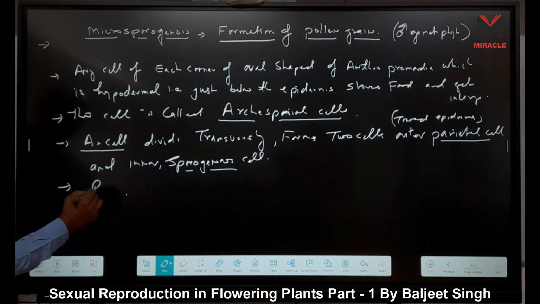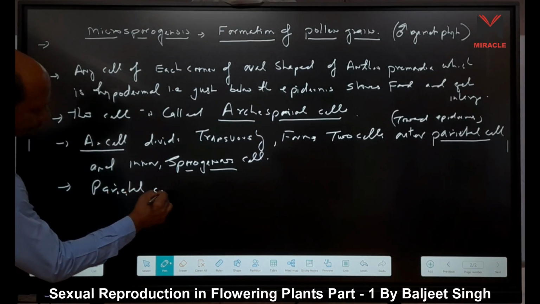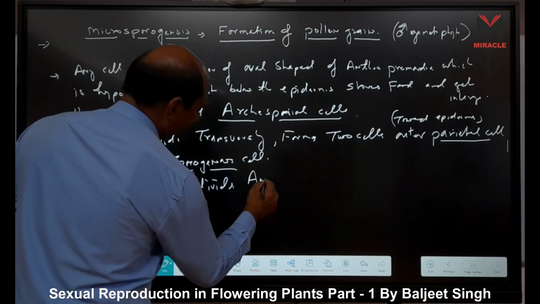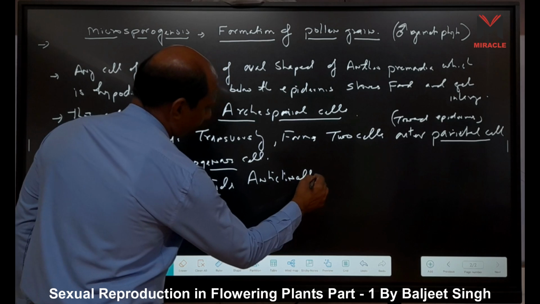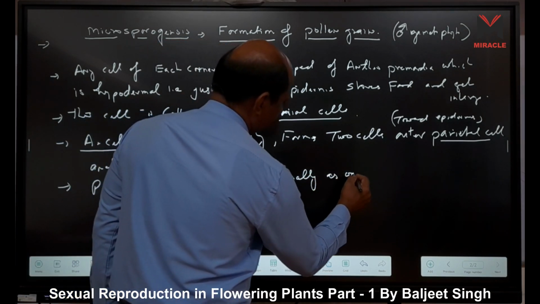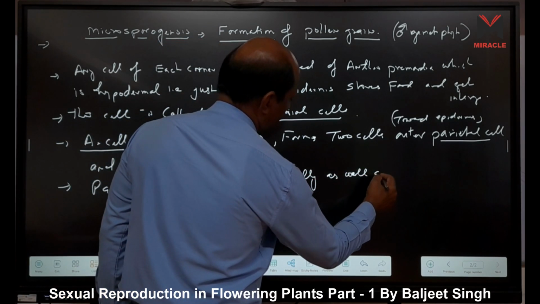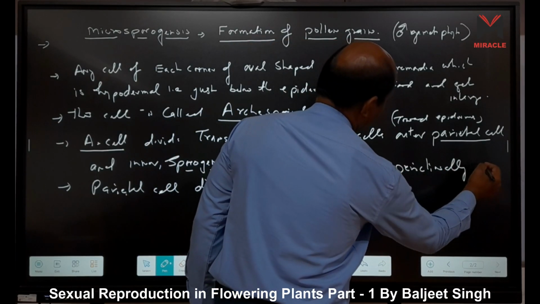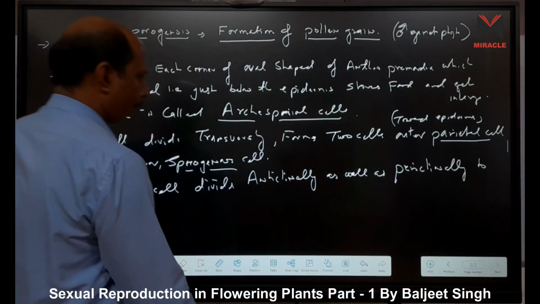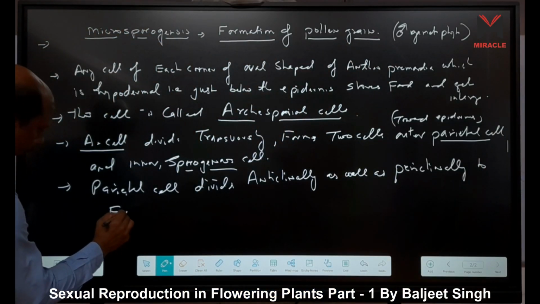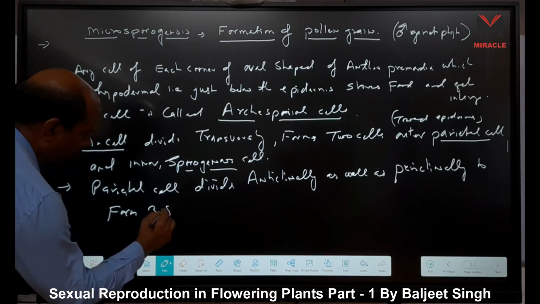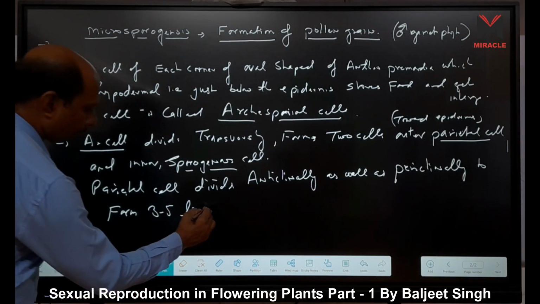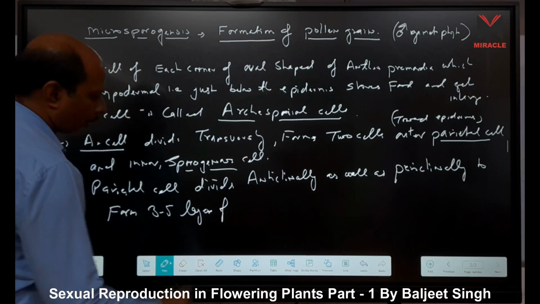Now the parietal cell divides anticlinally as well as periclinally to form 3 to 5 layers of coverings.